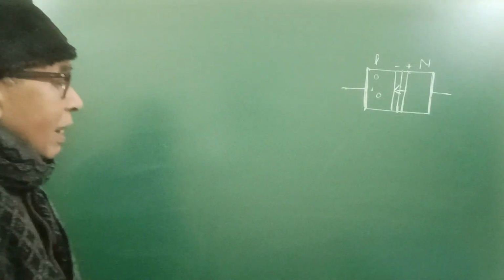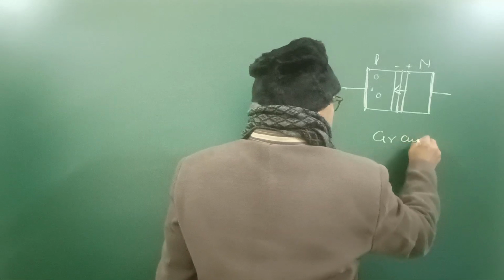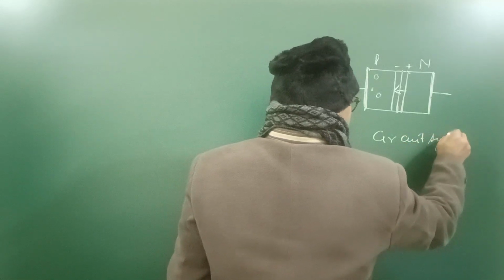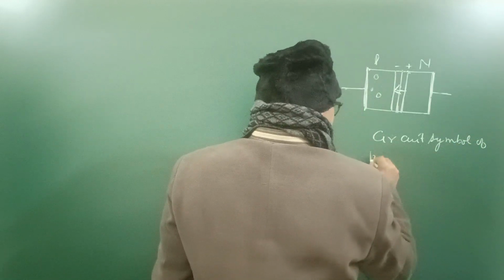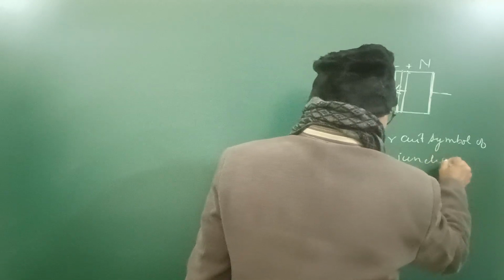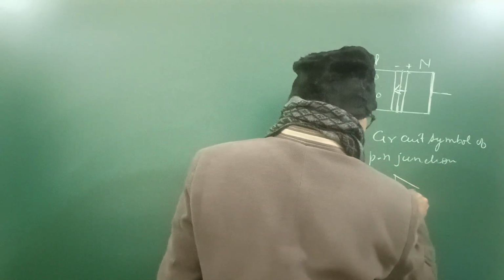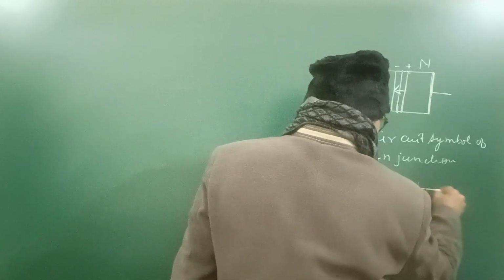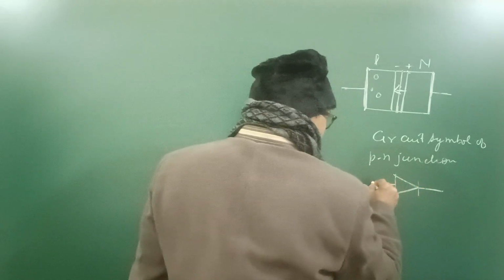When it is obtained, we paint metal here and connect a wire to this for application. The circuit symbol of a PN junction is like this. This is the PN junction. These are two electrodes here.